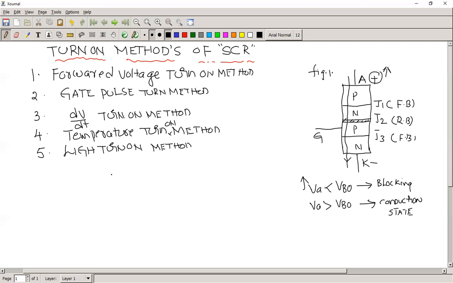In figure 2, again we are taking the SCR. It is a 4-layer PN device, with anode, cathode, and the gate terminal.